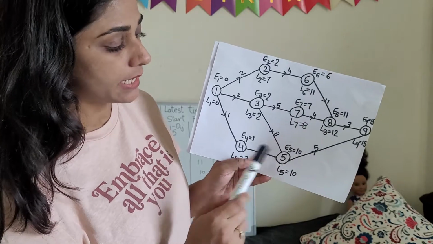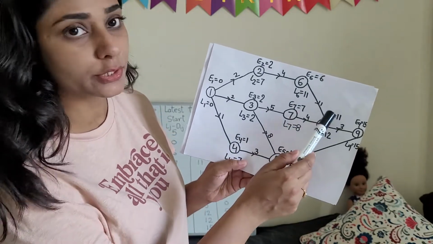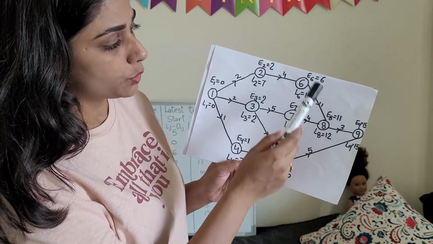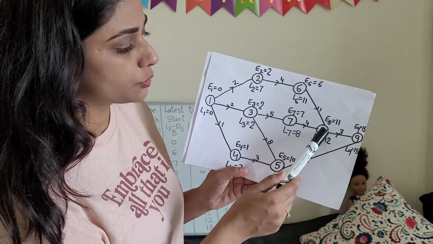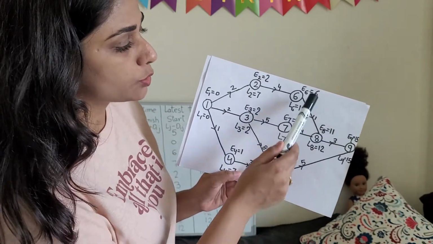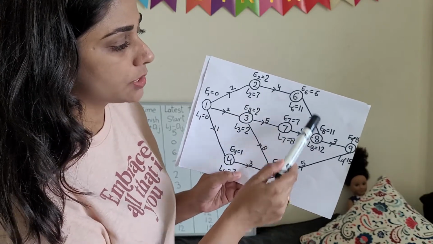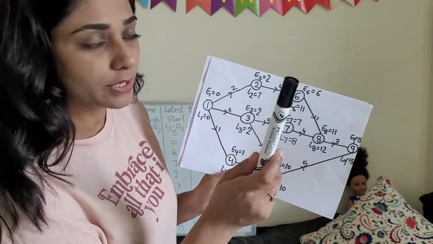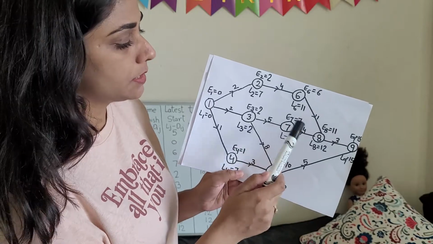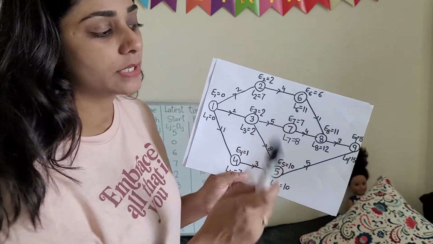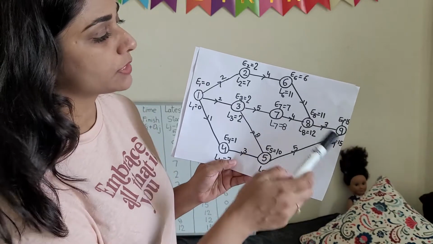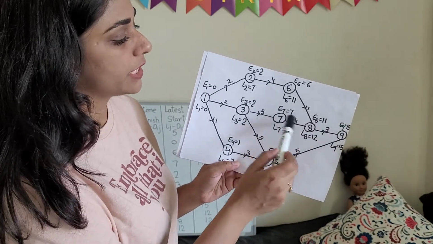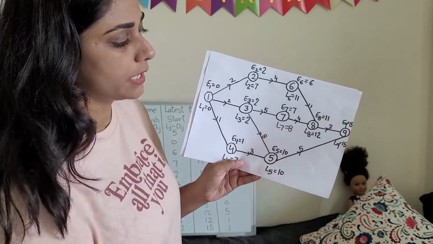E8, again the same rule we will follow here also. Two activities are merging here, 6 to 8 and 7 to 8. So for 6 to 8, 6 plus 1, 7, and for 7 to 8, 7 plus 4, which is 11. According to the rule, we select the maximum, the longest one. So we will take 7 to 8, which is 11.